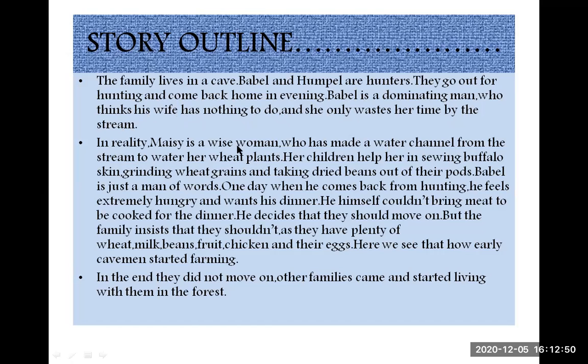Now see, they are the cavemen, and even in that age, they had started making a canal. A water channel here is actually a canal which is giving water to her wheat plants. Her children help her in sewing buffalo skin, grinding wheat grains, and taking dried beans out of their pods. So her children help her in different house chores.